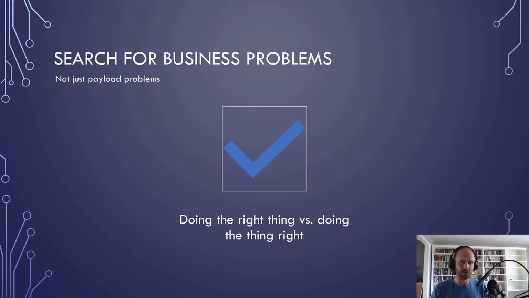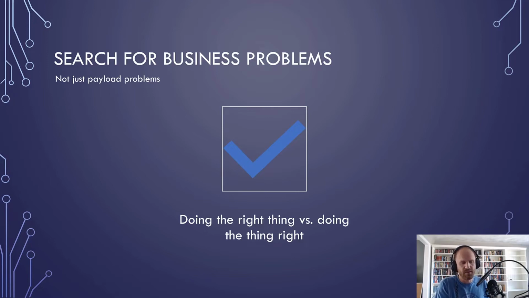Is it properly serializing and deserializing the JSON data? Is it doing these basic things correctly? Those are good questions to ask. But that's not even the most important question to ask. The most important question is, does this API do the right thing? Is this actually what we need this API to do or not?